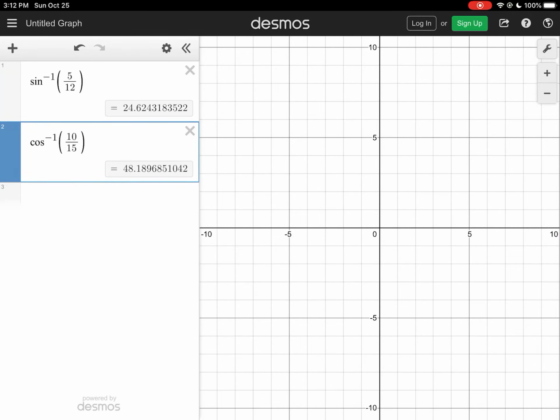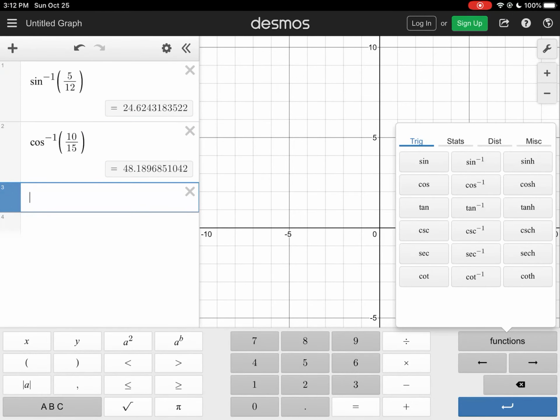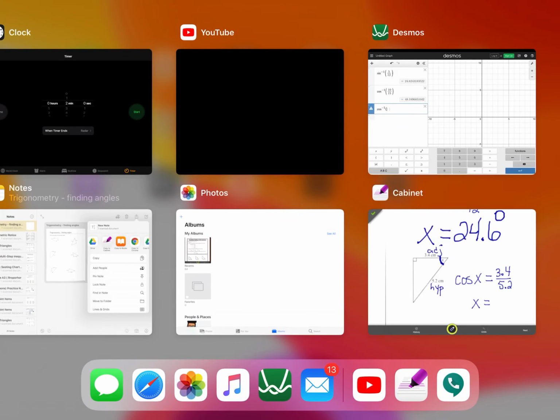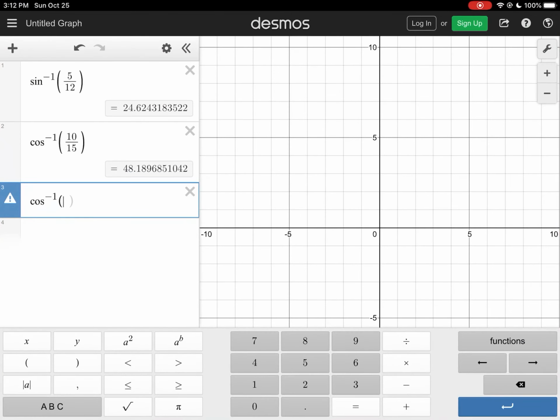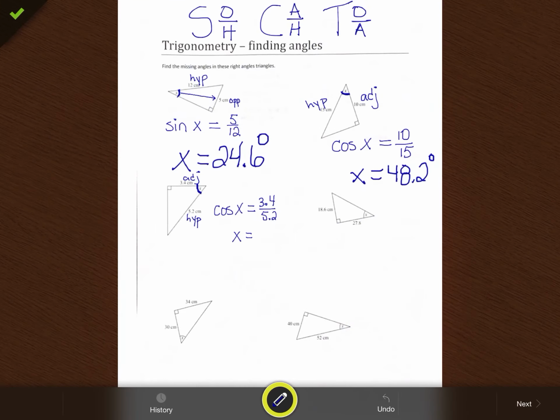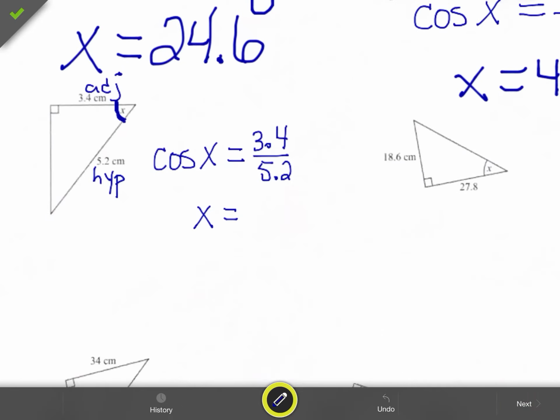Now it's just straight to Desmos. Hit the function button. We're doing inverse cosine because we're looking for the angle. So cosine to the -1, 3.4 over 5.2. And I always like to double check. 49.16. Round to the nearest tenth.